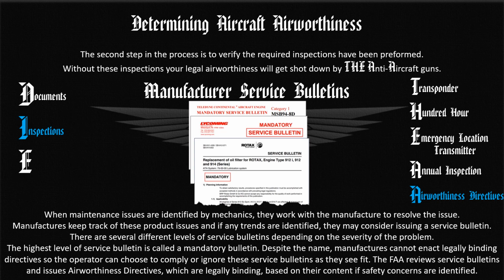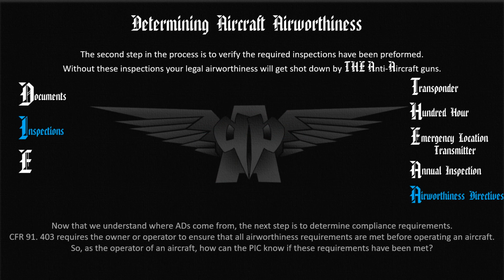Despite the name, manufacturers cannot enact legally binding directives, so the operator can choose to comply or ignore these service bulletins as they see fit. The FAA reviews service bulletins and issues airworthiness directives, which are legally binding, based on their content if safety concerns are identified. Now that we understand where ADs come from, the next step is to determine compliance requirements.